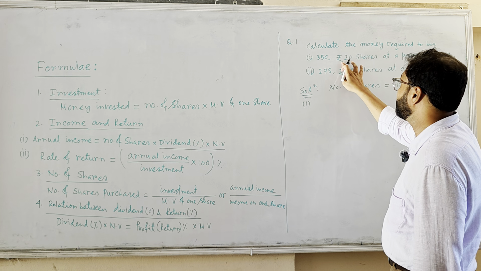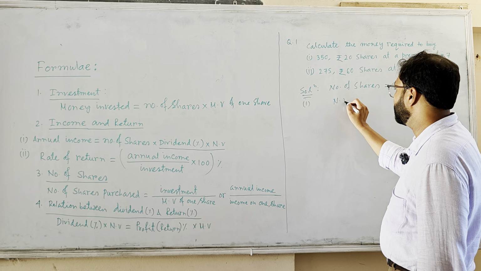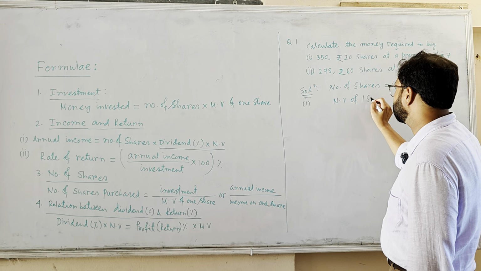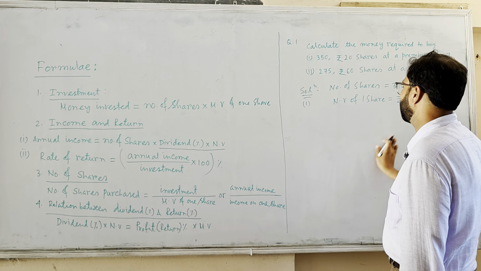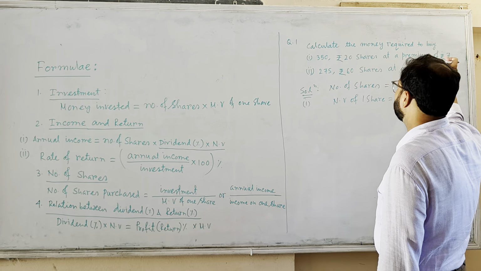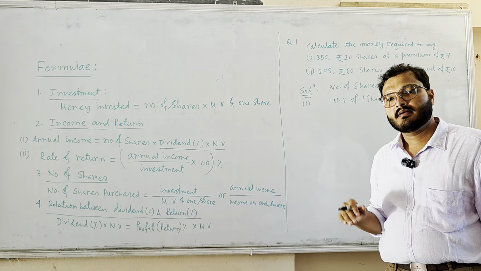Next, this is rupees 20 shares. That means the nominal value of one share equals rupees 20, at a premium of rupees 7. What does it mean? Premium means above par.